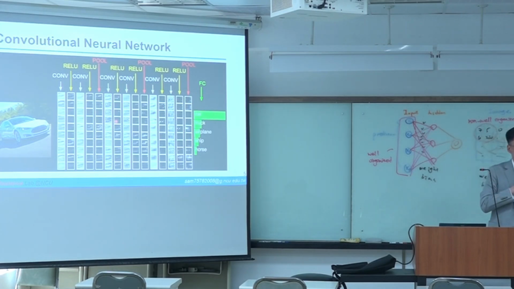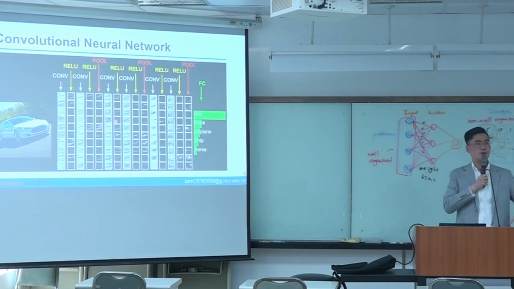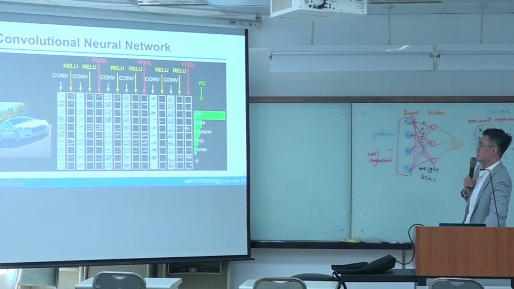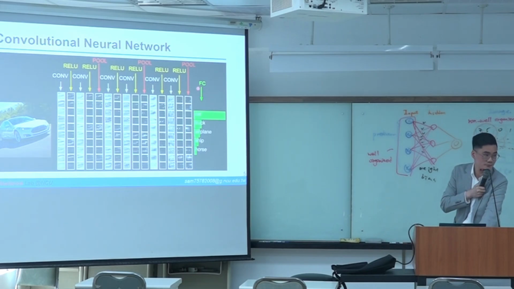So maybe in the first couple of CNN layers, with the kernels, they try to extract the lower dimensional features. And then so on and so forth, they extract the middle dimensional and then the higher dimensional features. And eventually, with all this combined together, we use the fully connected layers again.